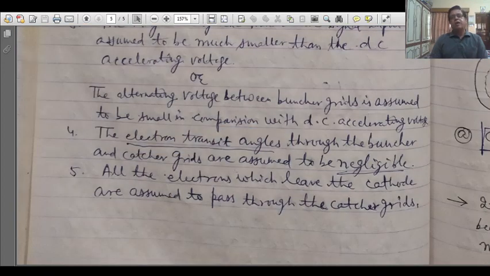And number 5, all the electrons which leave the cathode are assumed to pass through the catcher plate.